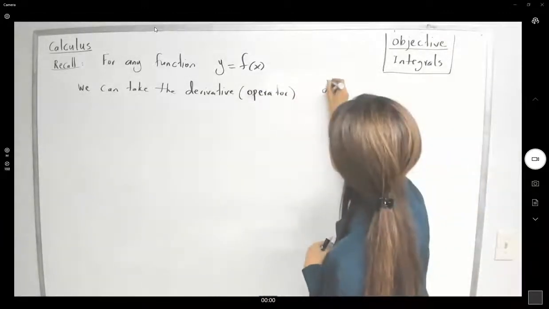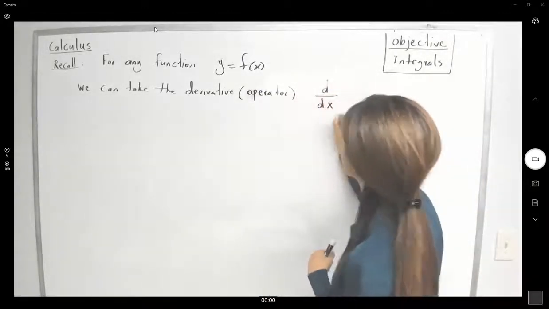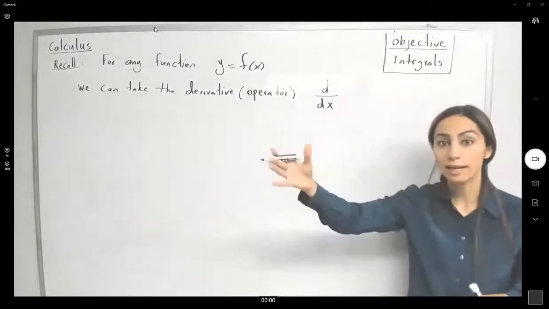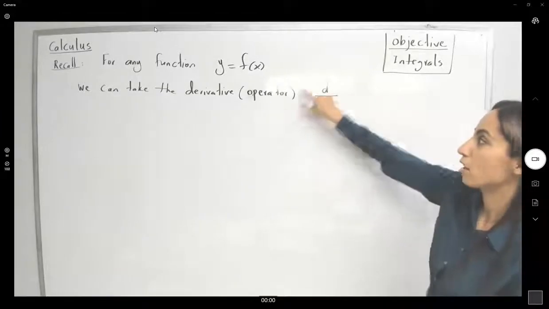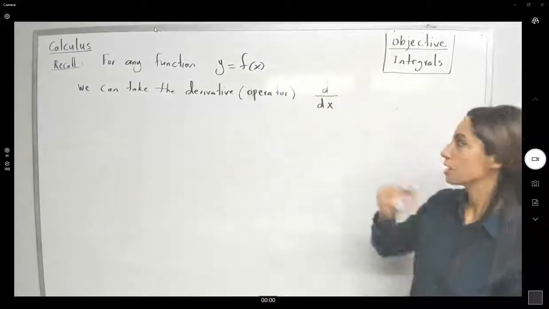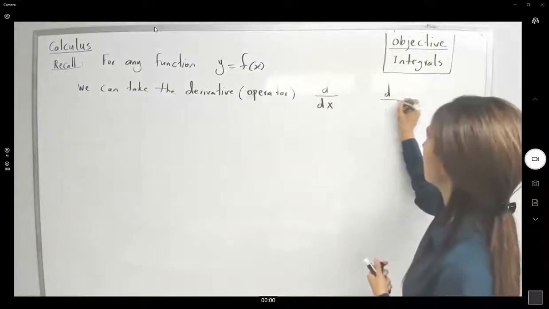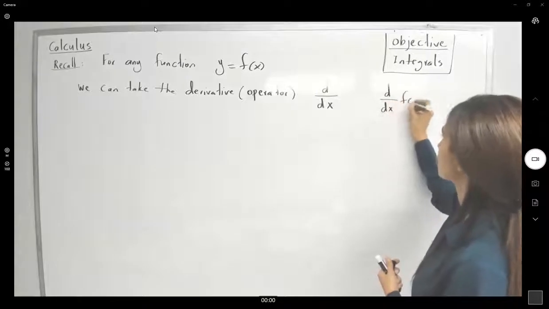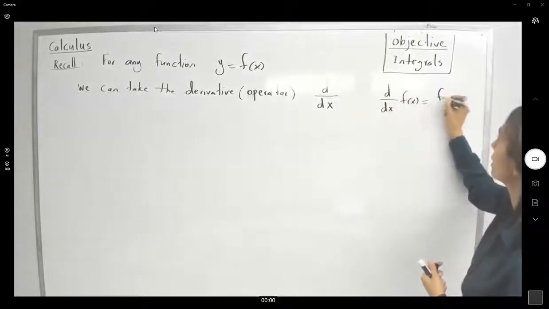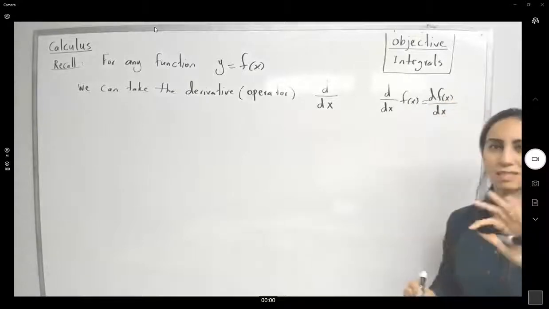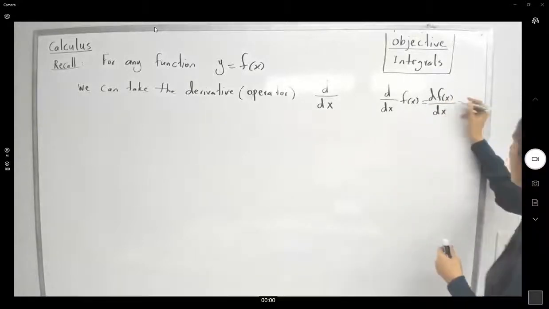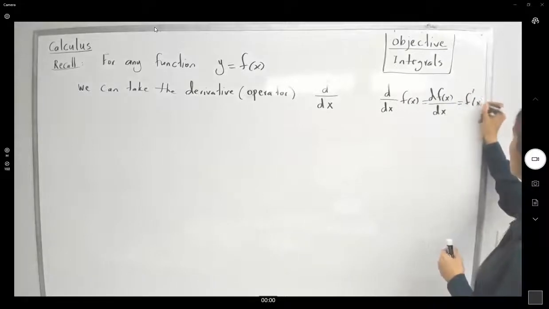It is d over dx. If the function has free variable x, then we take the derivative with respect to x, and this guy is called an operator. This operator on function f of x is denoted by df over dx, or simply f prime of x.